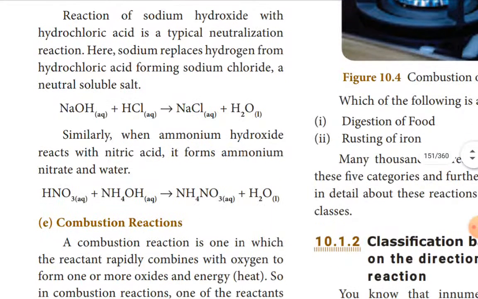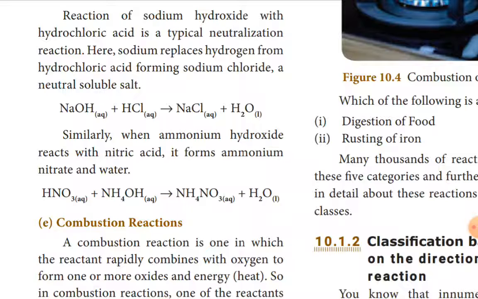Similarly, one more example: ammonium hydroxide reacting with nitric acid. Ammonium hydroxide is a base, nitric acid is an acid. So the acid reacts with the base, and both neutralize one another. Ammonium nitrate and water are formed.